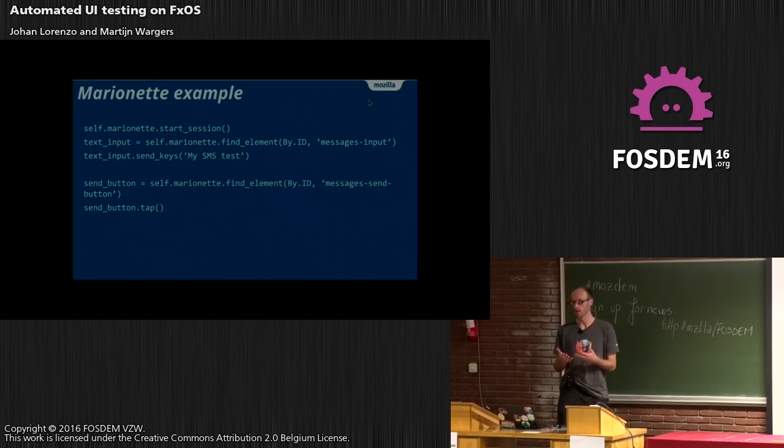We can start a Marionette session on the phone by using self.marionette start session. You can access an element by using find element. This looks pretty similar to Selenium, I would think.